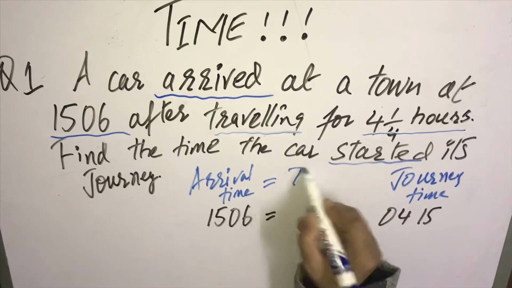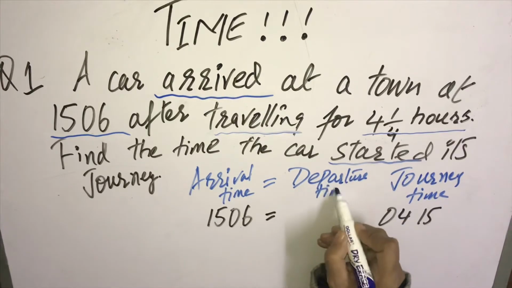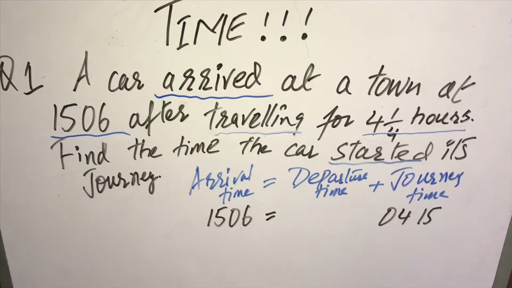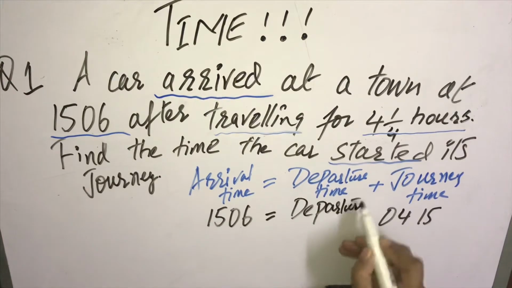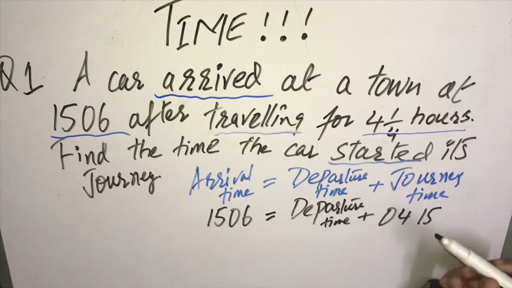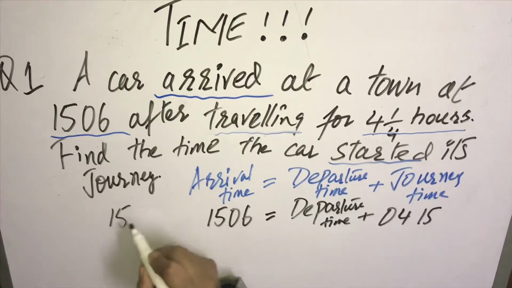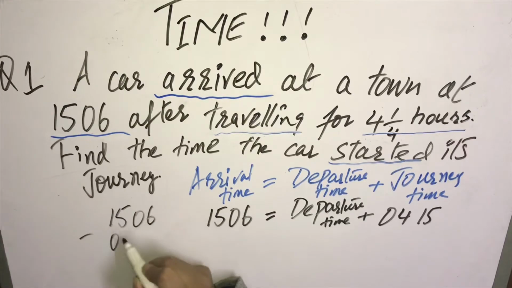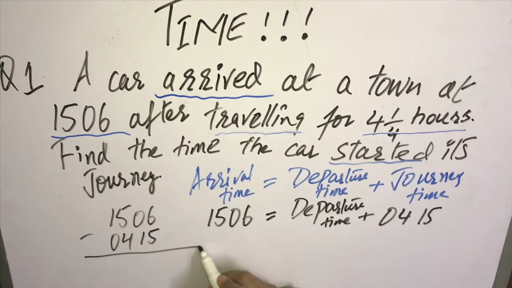Started means departure time. Departure time, we shall leave it as departure time as it is not known. It is required. You can see that I have written arrival and journey in 4 digits, that is digital clock. I shall subtract 0415 from 1506. How shall I subtract?